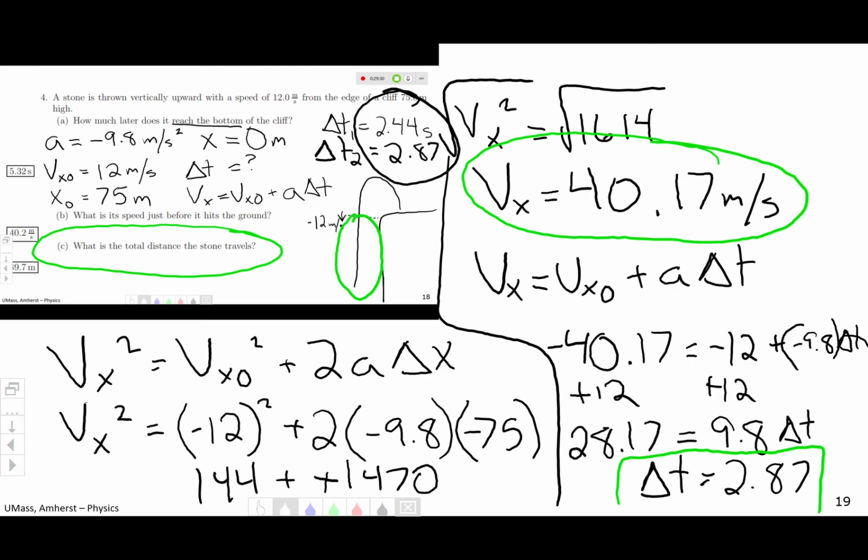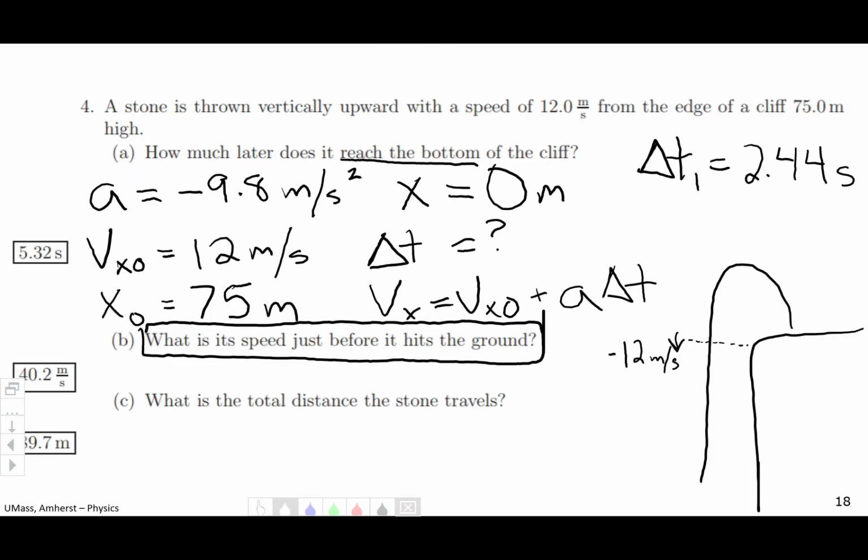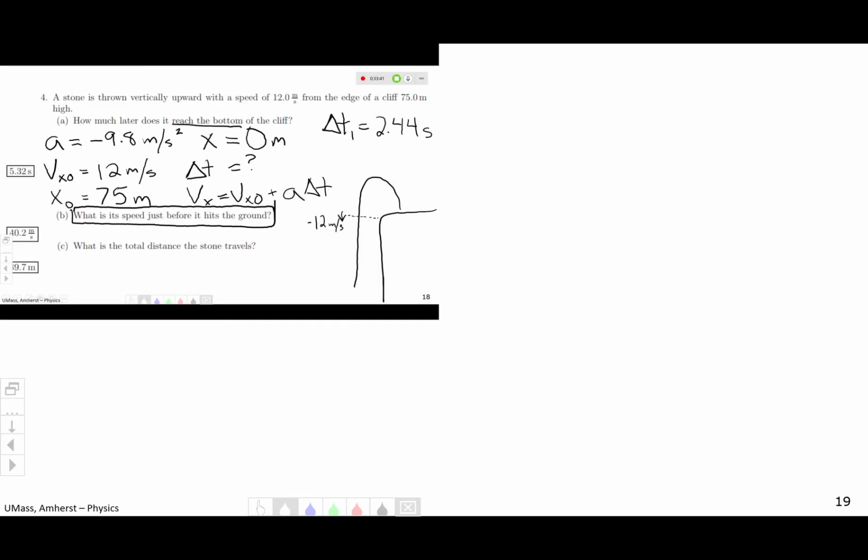We can go ahead and do that by calculating, so we're going to go back here, the total distance that the stone travels. We know that this right here is 75 meters. What we need to know is this part right here.